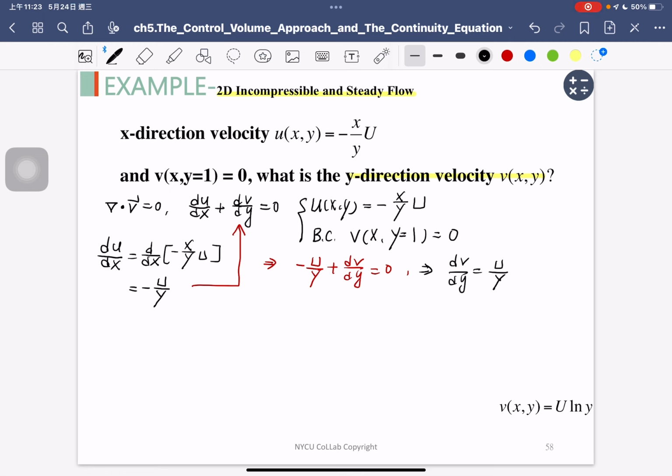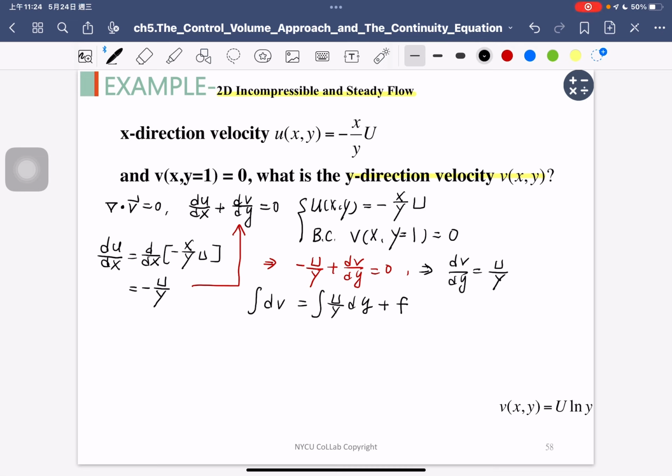So I can do the integration, because I keep dv on the left-hand side, and on the right-hand side we have U, y, and dy. We can integrate both sides. After the integration, because we don't have an integration interval, maybe there are some additional functions.